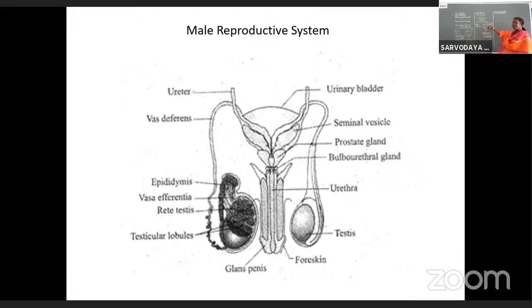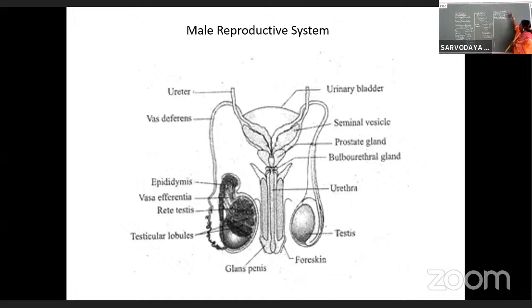So what happens here? The seminiferous tubule, I write it as ST, will continue into vasa efferentia through the rete testis.